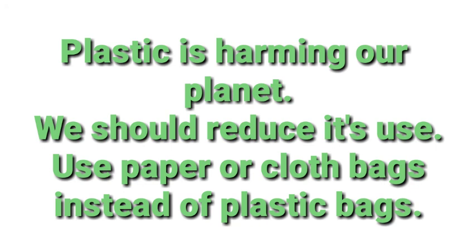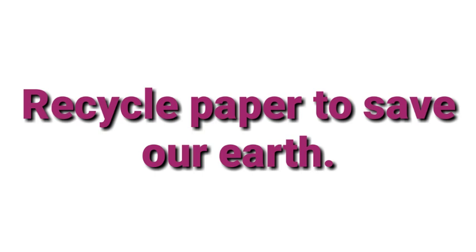Plastic does not rot for 500 years. So what should we do? We should do recycling of paper to save our earth, because paper is made from trees and we have to cut these trees to make paper, and it is a dangerous thing. So students, here our lesson is over.